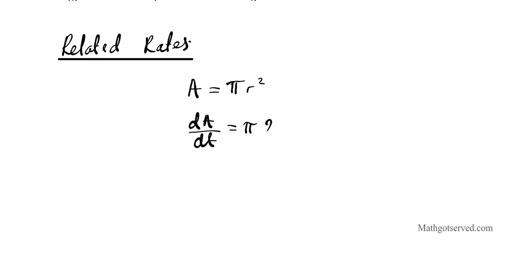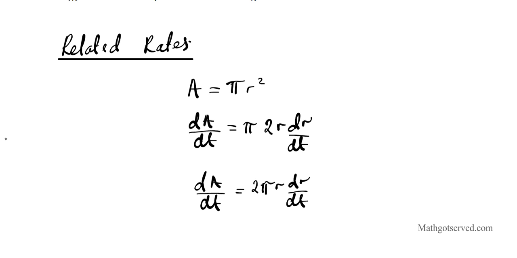Differentiate r squared, and it's going to be 2r dr/dt. So this is the formula that relates the change in area with the change in radius. Let's make this look nicer: dA/dt equals 2 pi r dr/dt.